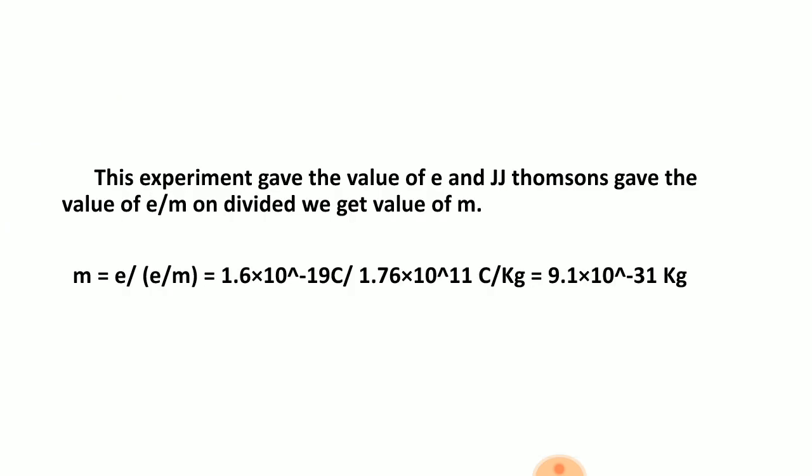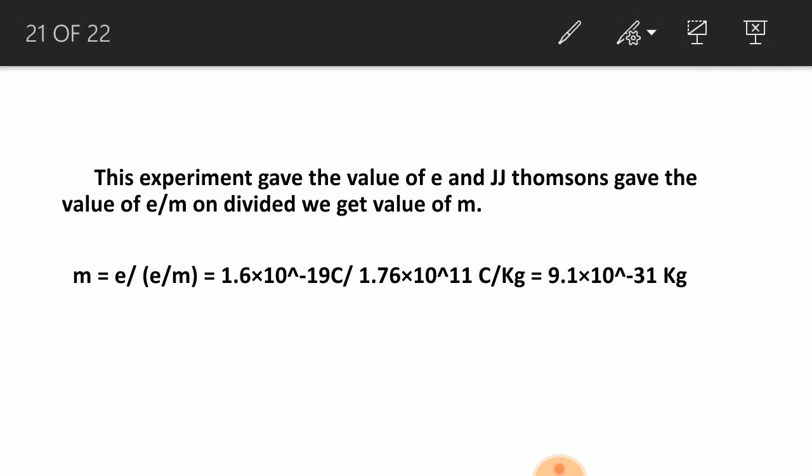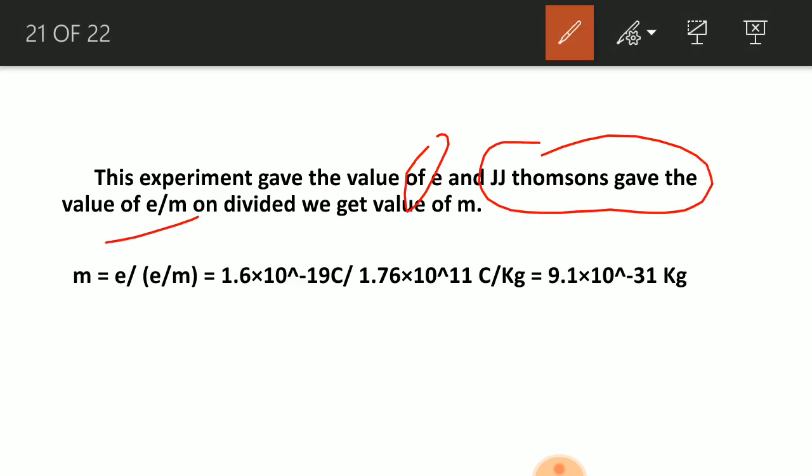This experiment gave the value of e, and J.J. Thomson gave the value of e/m. So when J.J. Thomson did his experiment, he gave the value of specific charge, and this experiment gave the value of charge. On dividing this charge by the specific charge, we got the value of mass.